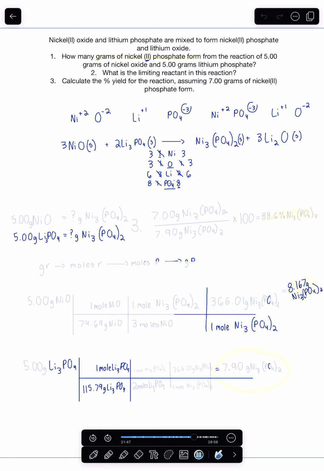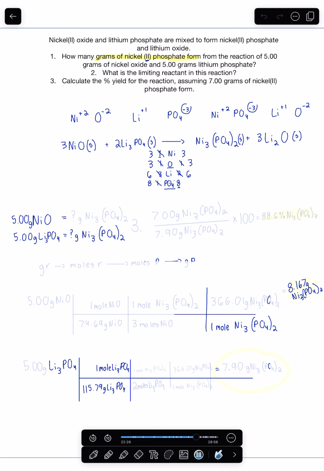Okay, so now we are going to create two roadmaps. So we are looking for the grams of nickel phosphate. So first we're going to want to take nickel oxide and put it in grams, since we are given 5.00 grams of nickel oxide.